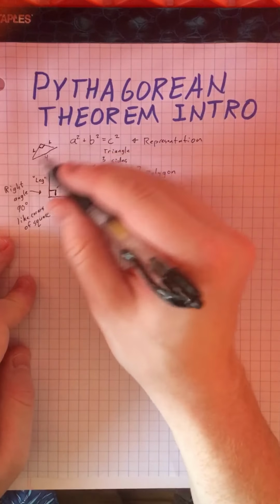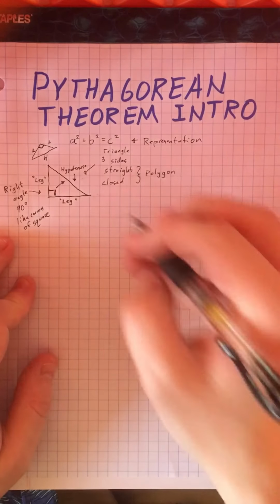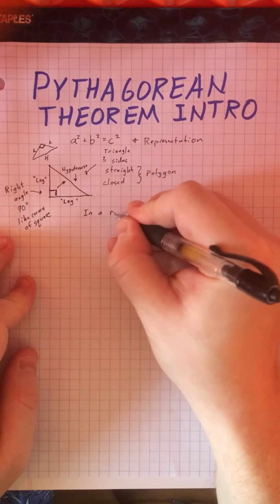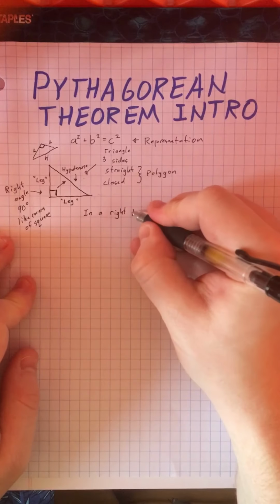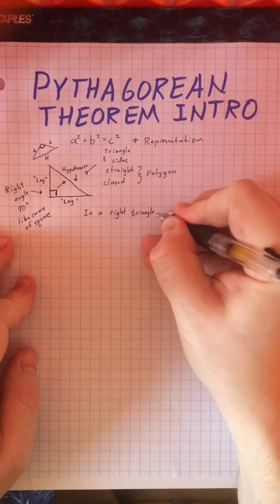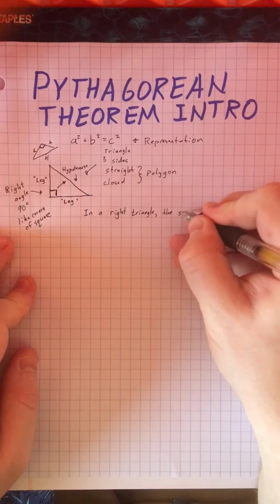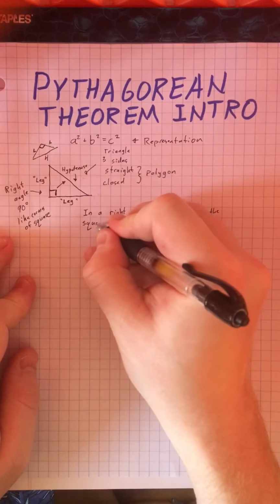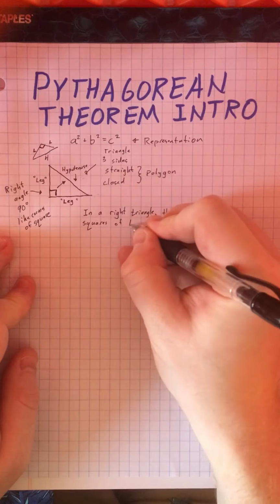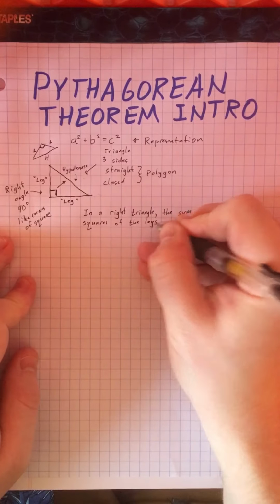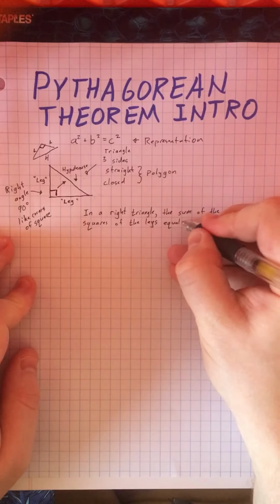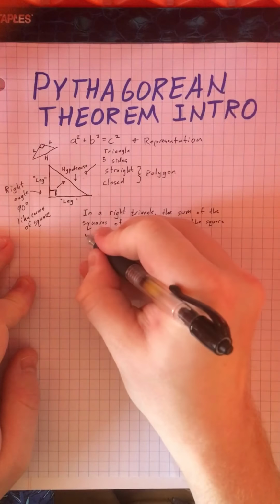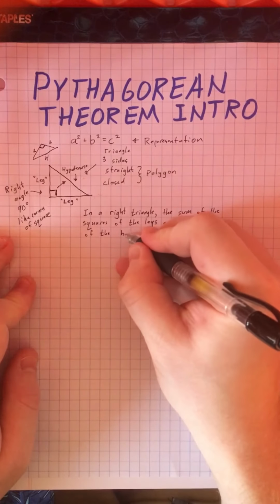So given this situation, the Pythagorean theorem says in a right triangle, the sum of the squares of the legs equals the square of the hypotenuse.